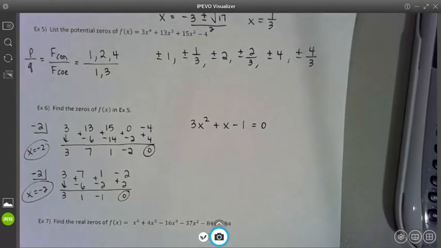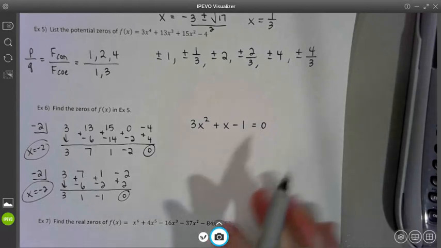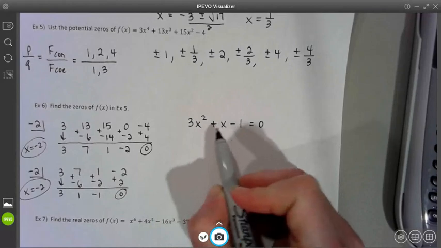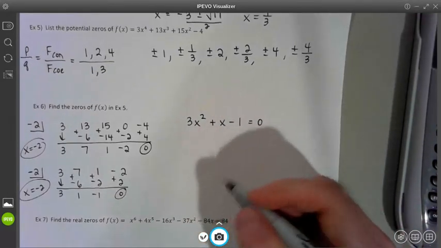So now I'm just going to see if I can factor my quadratic or use the quadratic formula, okay? All right, it doesn't look like it's going to factor. I don't think 3x and x and then anything that multiplies to 1 will get me 1x in the middle. So I'm going to go right to my quadratic formula.